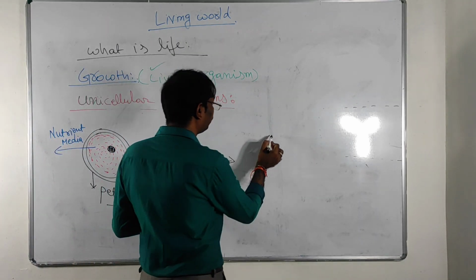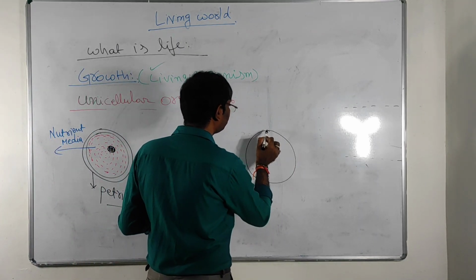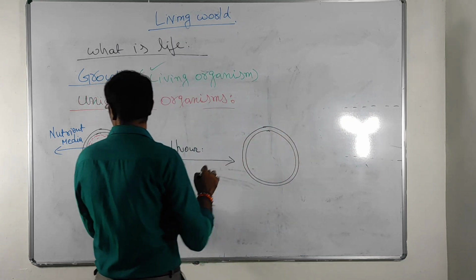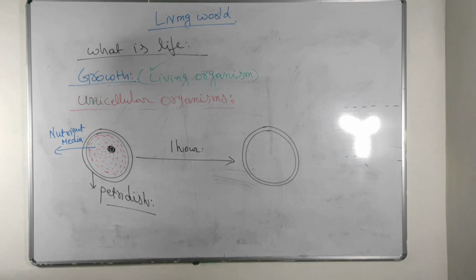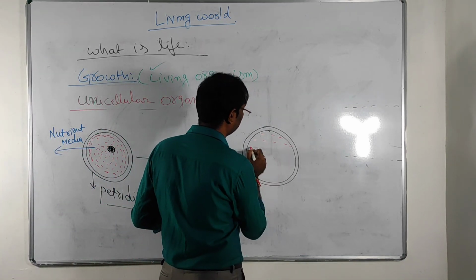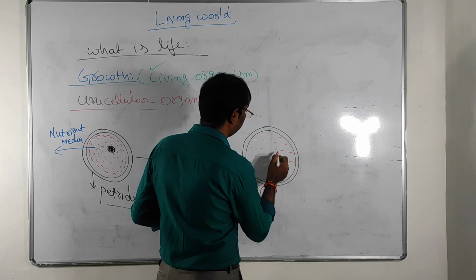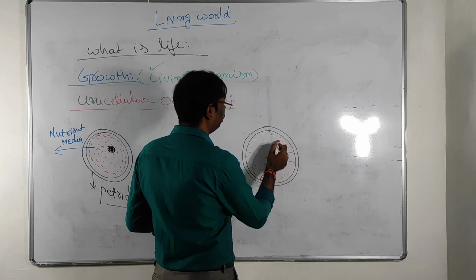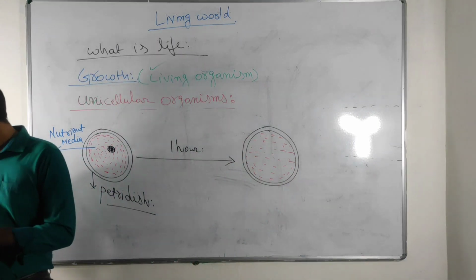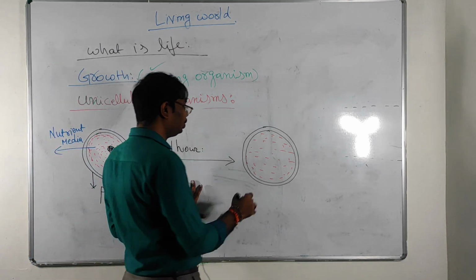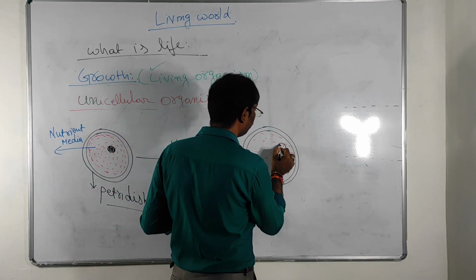So after 1 hour, if you observe this Petri dish, it contains the nutrient media. In the nutrient media of the Petri dish, suppose it contains only one bacteria.